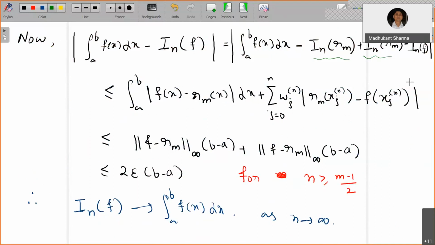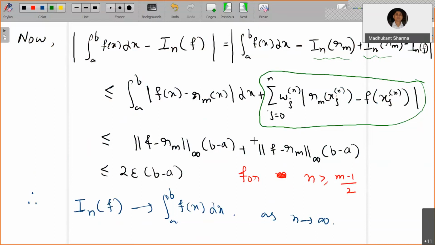See, this one remains true whenever m is less than or equal to 2n plus 1. So we are doing this for m less than or equal to 2n plus 1, or you can write n greater than or equal to m minus 1 by 2. It is equivalent to say that m is less than or equal to 2n plus 1. So In of Rm will be exact for m less than or equal to 2n plus 1.